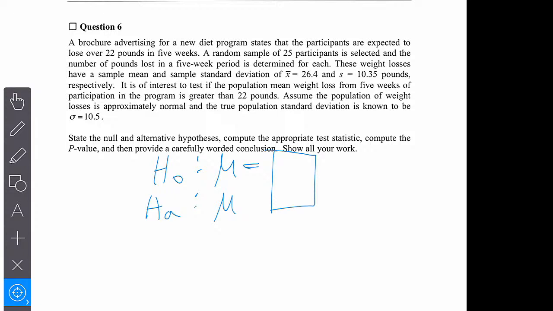we want to test if over 22 pounds are lost. So we're going to use the number 22 here and 22 here, and we're going to test to see if participants lose more than 20, because that's what it says here.